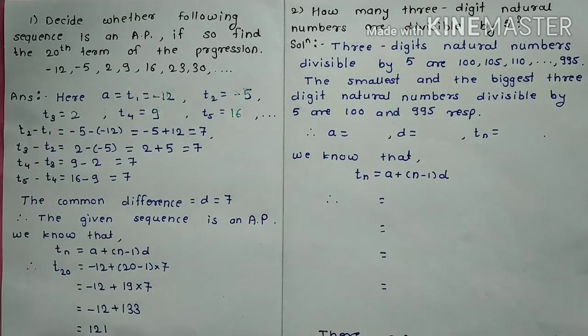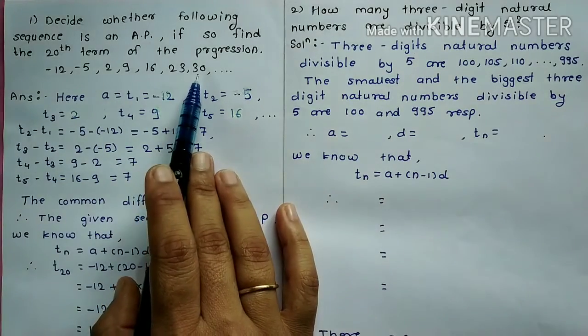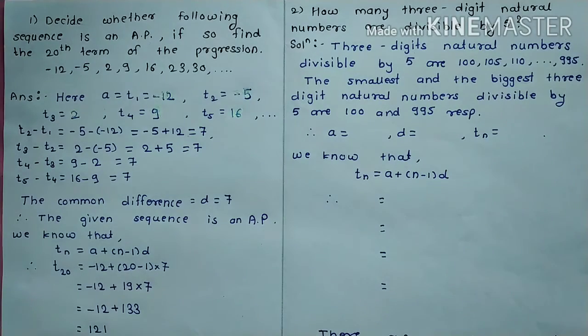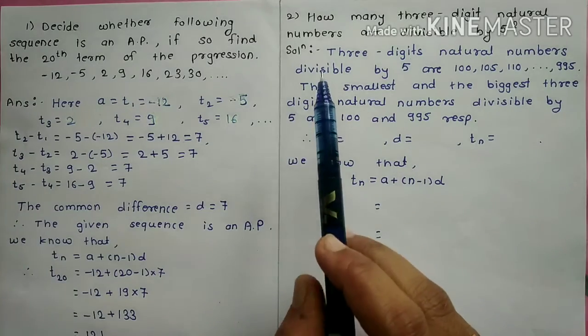Therefore 121 is the 20th term of the given sequence. Therefore we can write the given sequence is an AP and the 20th term of the AP is 121. Okay. Now see the second example.